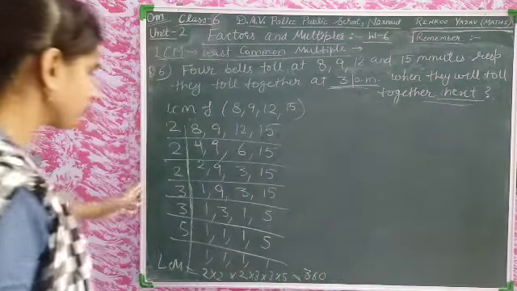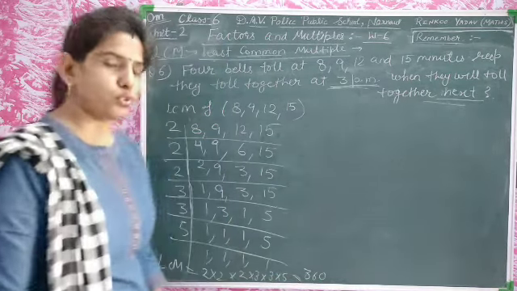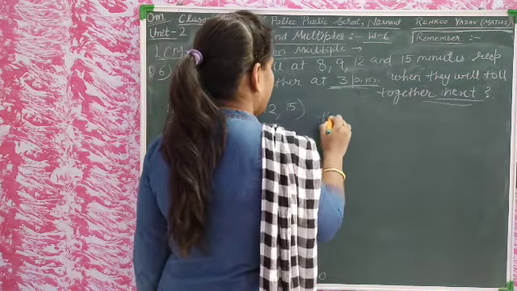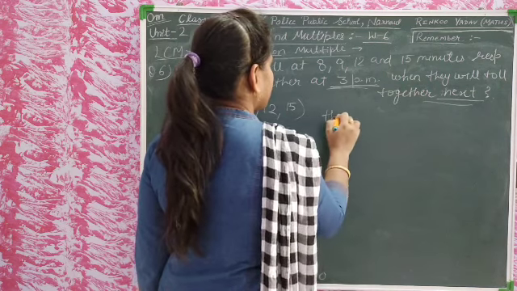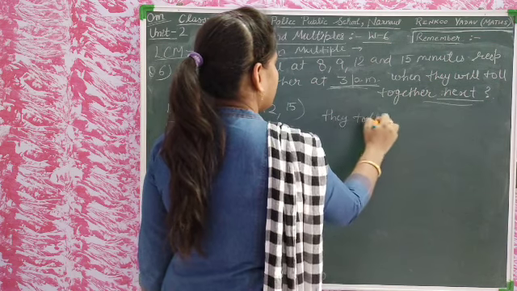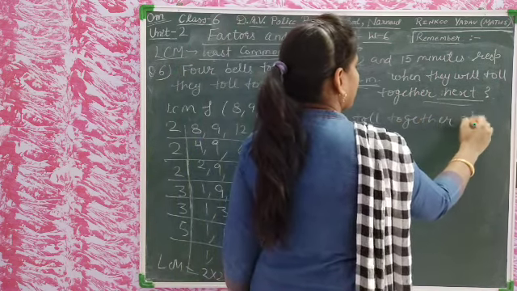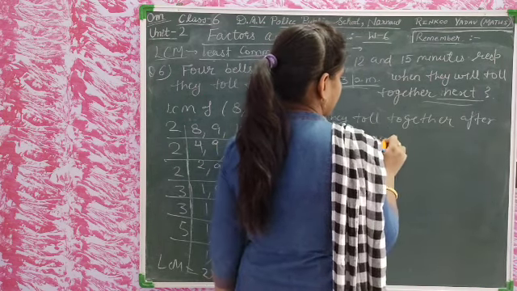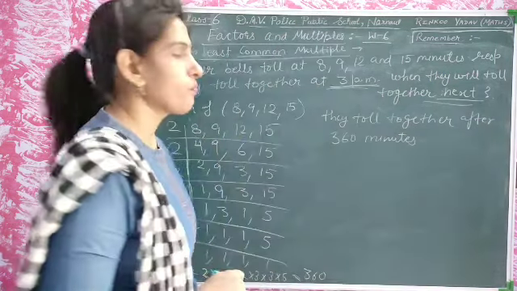360. There is the 360. Now students, they toll together after 360 minutes. At what time? We have to find the time here.